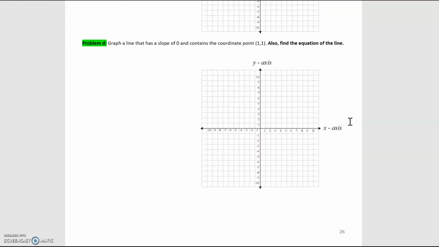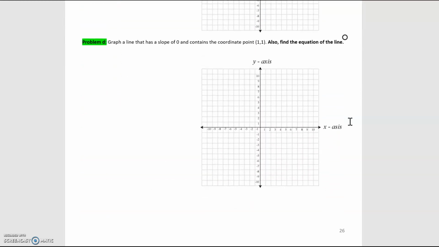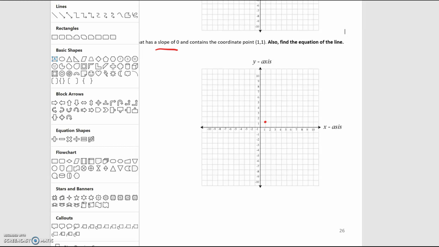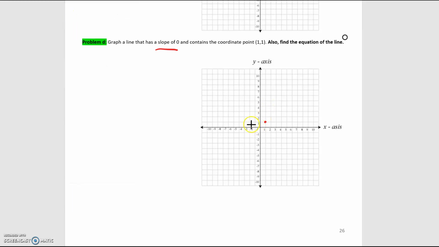Okay, let's take a look at problem D. Problem D is asking for a slope of 0 and a coordinate point (1, 1). So in this case, that's your coordinate point (1, 1). Your slope of 0 is going to be a horizontal line. So let me place a horizontal line going through that coordinate point.